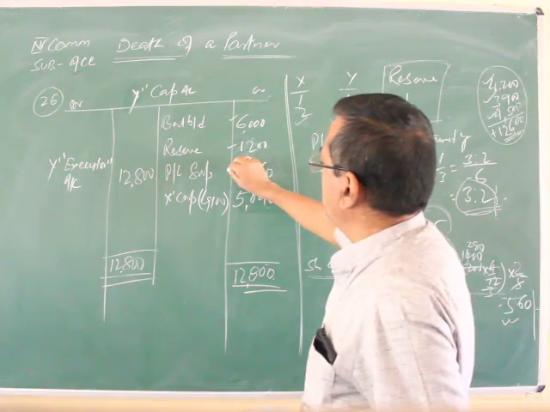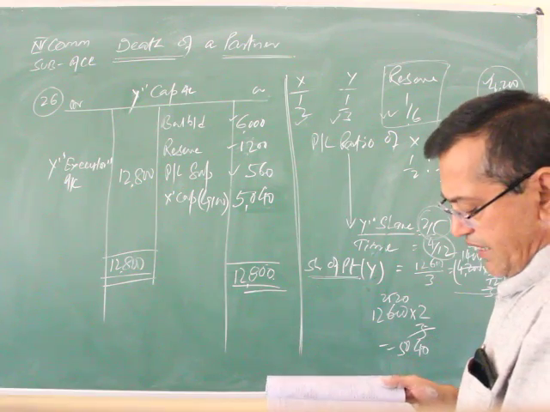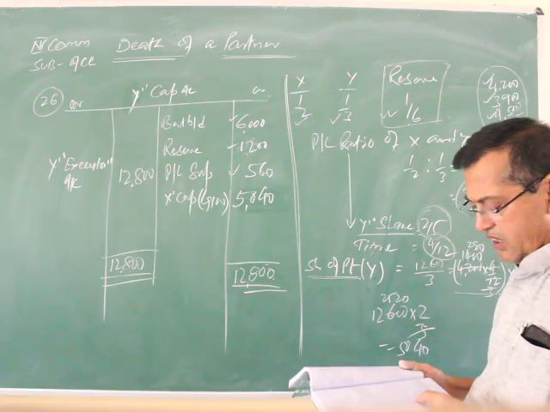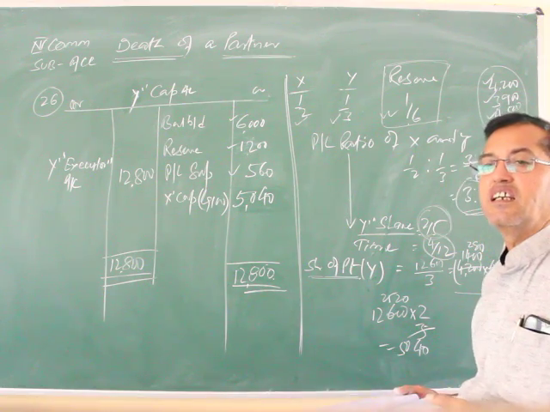Noted down here 560. After this, next, by way of goodwill, his proportion of the total profit for the 3 preceding years.